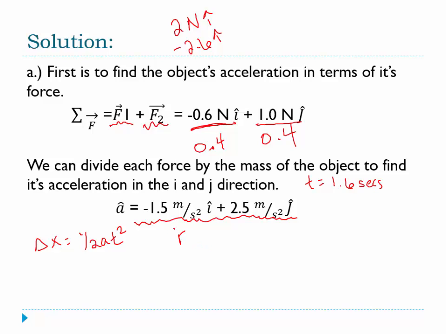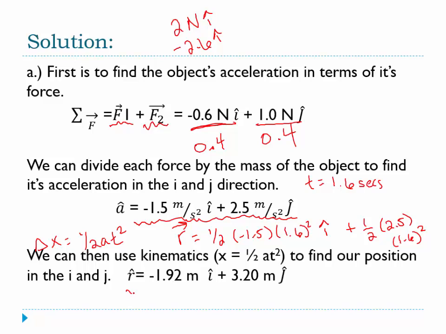Essentially your position vector, which your book likes to label as r, will end up being 1/2 times negative 1.5 times 1.6 squared, and that will be in the i direction. Then we're going to add that to whatever the position is in the j direction using the same kinematic, but with the j acceleration. And we get this guy as our result.